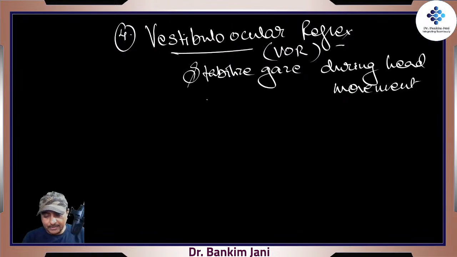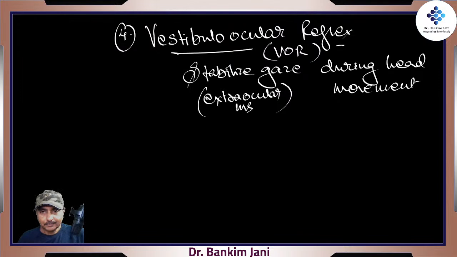So here the extraocular muscles come into the picture. They are stimulated or inhibited, contract or relax, to compensate. The physical eye is moving in the other direction, so let's adjust it. This is the vestibulo-ocular reflex.